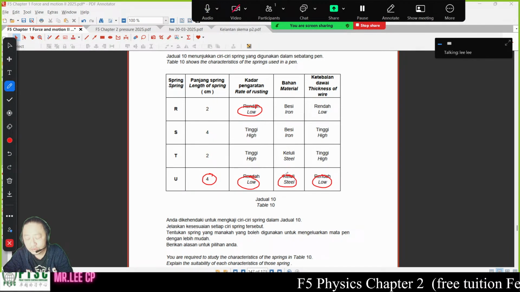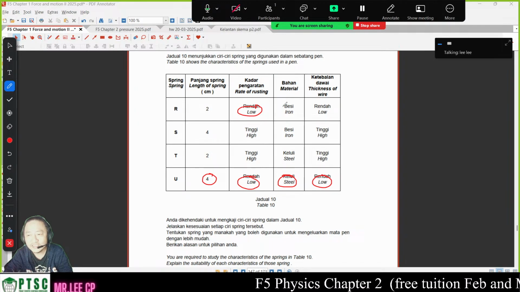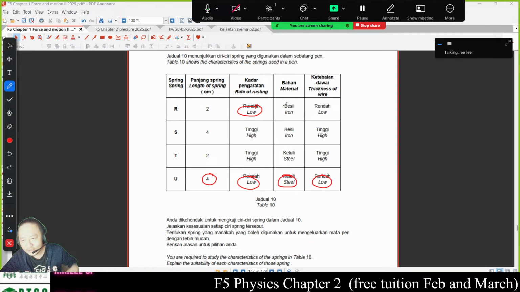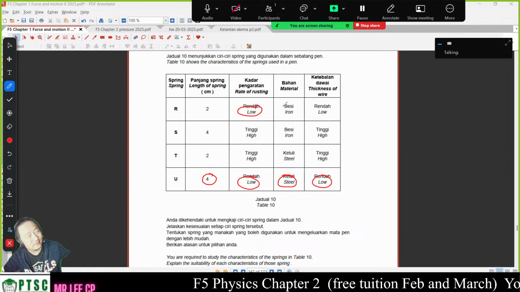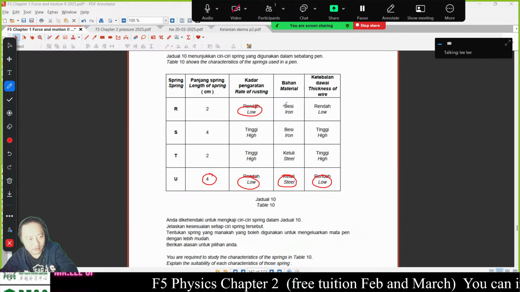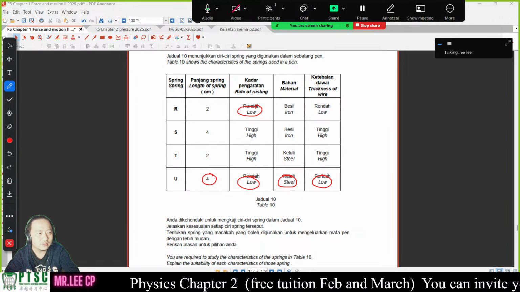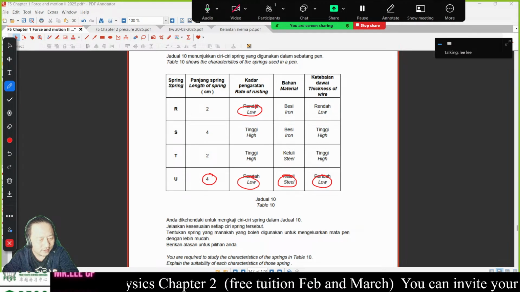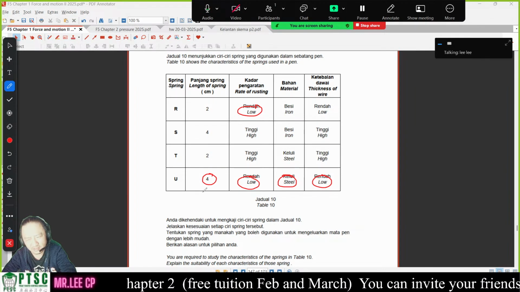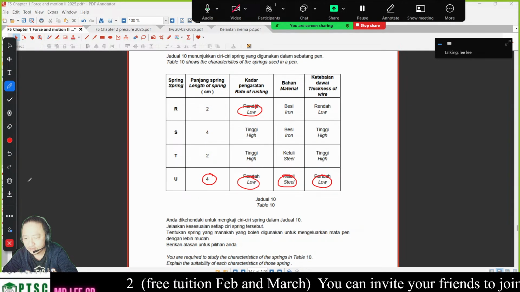But for me, iron also can, because inside your pen, right? Inside your pen, you are not going to reach the water, right? Your pen, it does not get water, right? So it will not easily get water. So when it is not getting water, so it should not be a big deal, right? Not a big deal. But this one it is better, right? So still, I want to choose this.